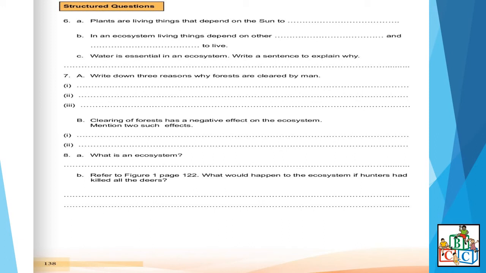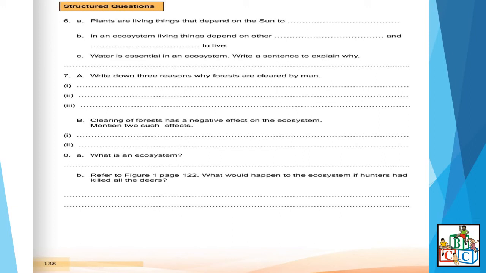What is an ecosystem? So it is a community of living and non-living things which depend on each other. Refer to figure 1 on the page 122. What would happen to the ecosystem if hunters had killed all the deer? So when you have all the deers are prey, which means who feed on deers?